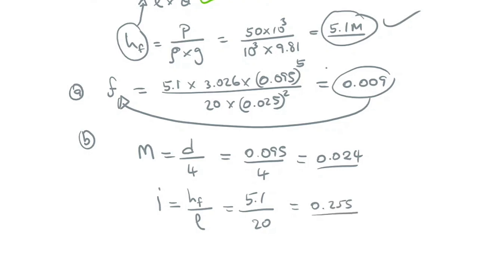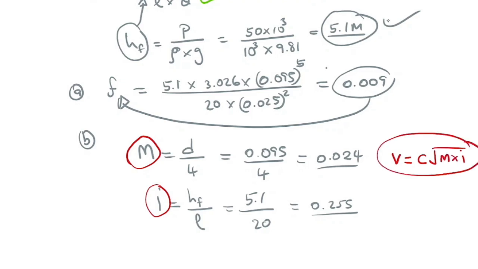That's the hydraulic gradient. Now we have I, we have M. We can find Chezy's coefficient using this formula: the velocity is equal to C, which is Chezy's coefficient, times the square root of M times I.